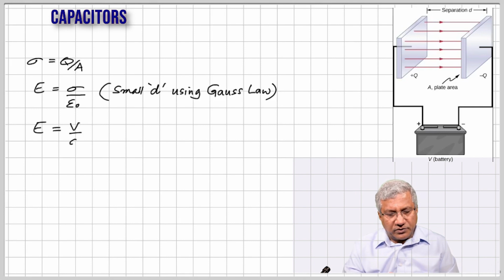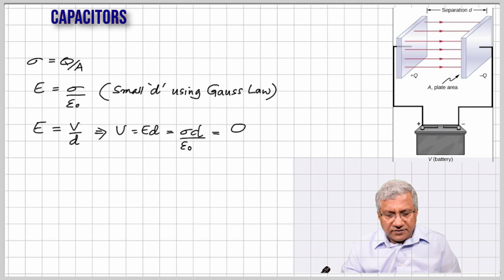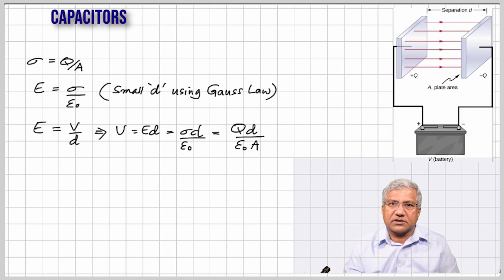And then we know that electric field is also defined as V by D. So we can now substitute: voltage is E times D, but E is sigma by epsilon naught, and then you get QD by epsilon naught A. That is the voltage. Simple substitutions there.